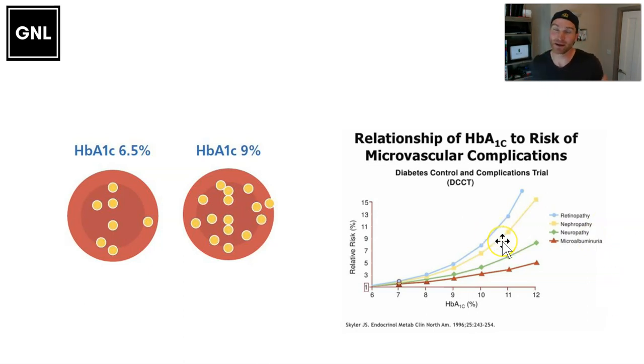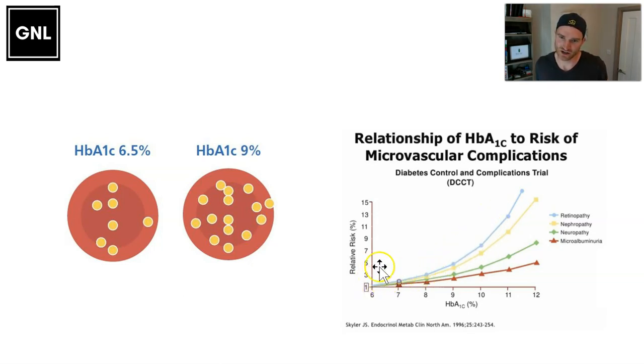And microalbuminuria is basically weeing out, or kidney issues, protein in the blood. So you can see all of these, what we call small vessel diseases, the risk of them increases as HbA1c goes up. And obviously for eyes, it can go really high once you start getting above 9%.